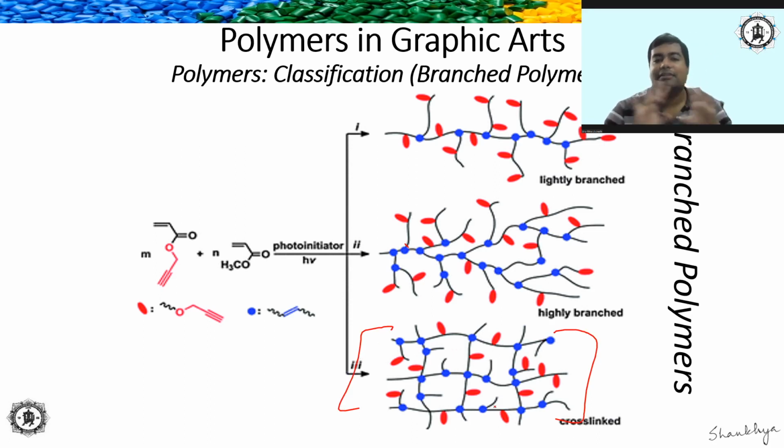So this will form something known as interpenetrating networks. That means it will be highly networked, and the ability to form thin films for these polymers is very high. So that will be a very flexible film, and it will also provide a lot of stability to the material on which it is forming, and it will have good adhesion to the material on which it is being either painted or printed. Okay, I hope this is clear.